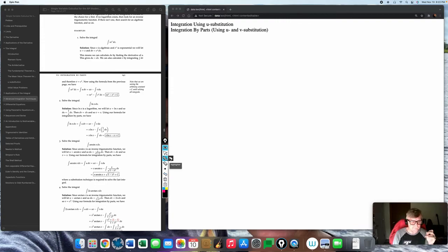Okay? Alright. So the goal in integration by parts: first, you have to know that your original integral is the integral of u times dv. You have to use a guideline to figure out which part of this is u.